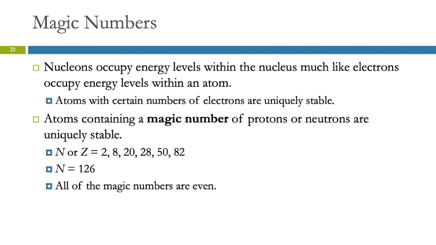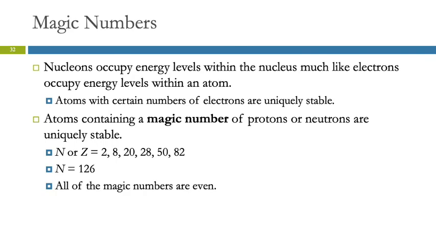So we have learned that atoms with certain numbers of electrons are uniquely stable, right? Noble gases, because their valence shell is full, right? Has to do with the different levels that the electrons occupy. So similar thing happens with the nucleons.